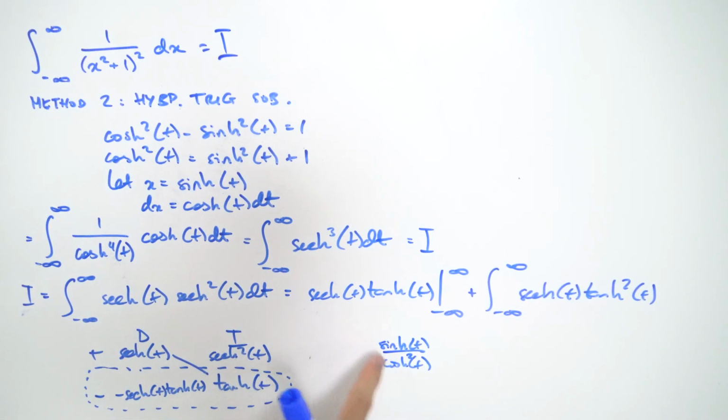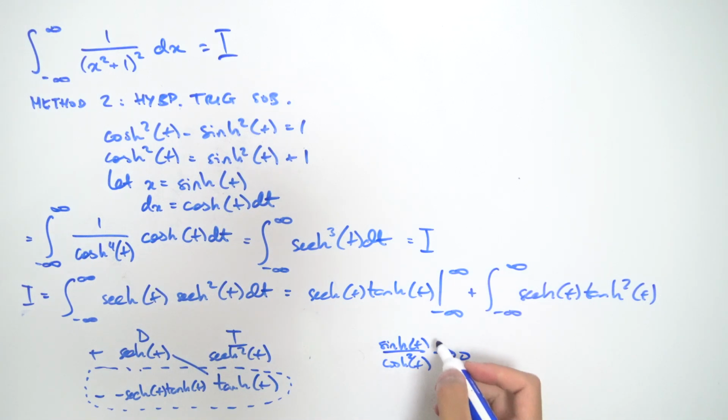Notice that if you graph it out, sinh and cosh actually grow at the same rate. So since we have a cosh squared down here, this denominator will grow faster than the numerator as we go out to plus or minus infinity, which means that this goes to 0 as t approaches plus or minus infinity.